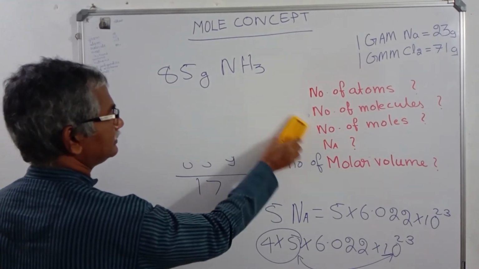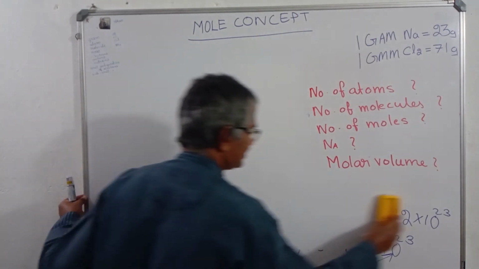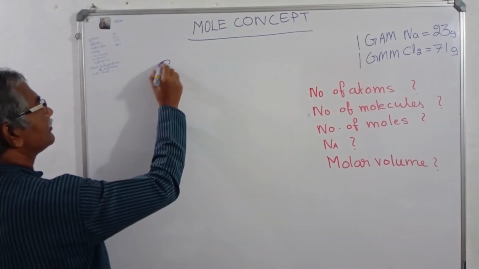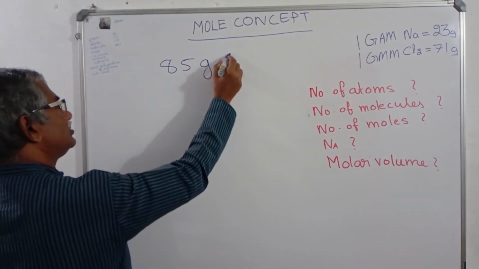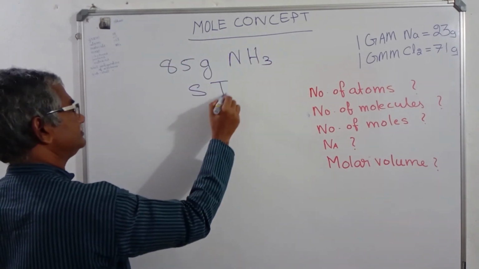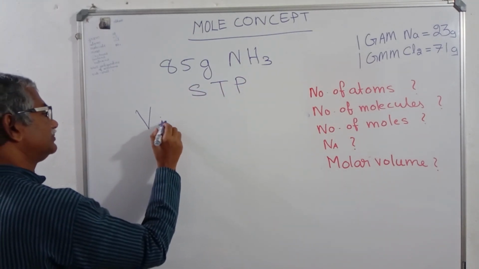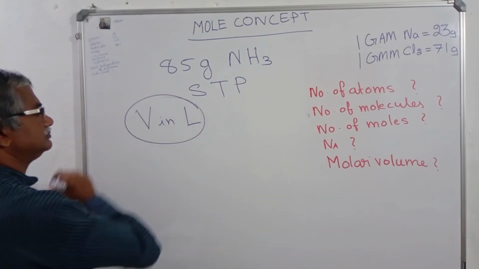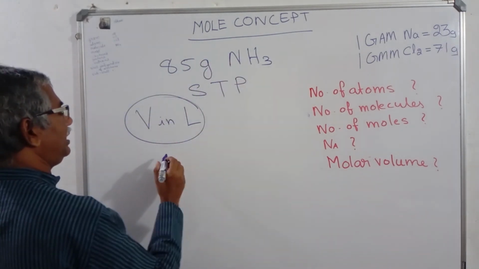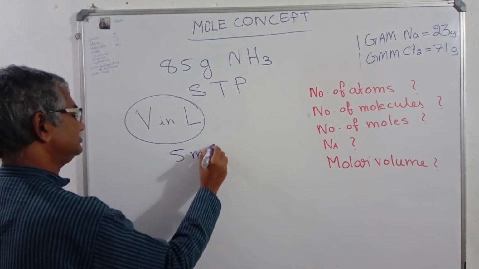Again, we can consider the molar volume. Consider 85 grams of ammonia at STP. What will be the volume? Volume in liter. So 85 gram ammonia means 5 moles.